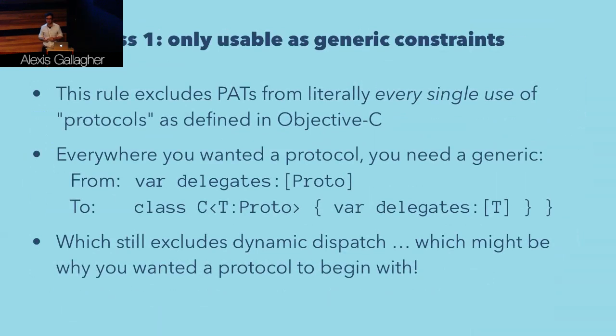But when I first started thinking about this, I thought, oh, maybe the reason I can't have an array of PATs is because they could all be different under the hood. But that's not actually the essence of it, right? Because if that were the only issue, that a PAT is a kind of generic, and so they're actually diverse types, that would explain why you couldn't have an array of PATs that were differently specialized, but that wouldn't explain why you can't have a uniform array of PATs.